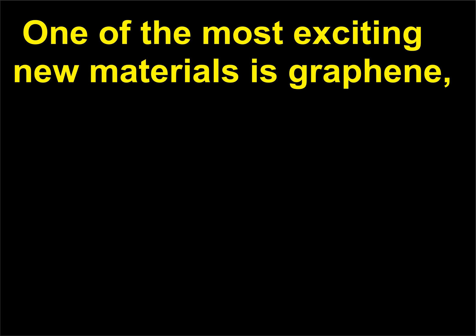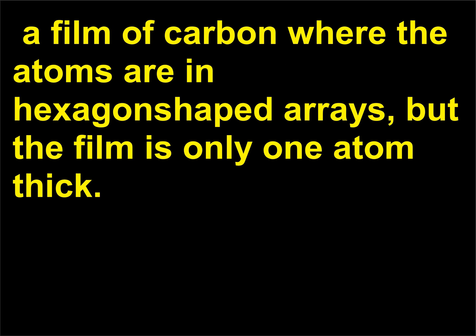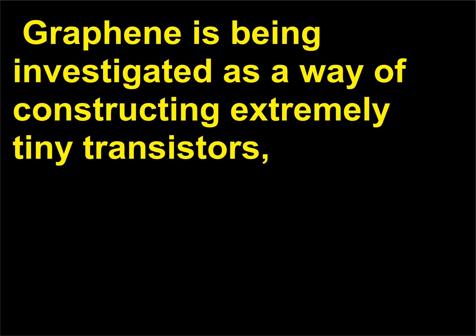One of the most exciting new materials is graphene, a film of carbon where the atoms are in hexagon-shaped arrays, but the film is only 1 atom thick. Graphene is being investigated as a way of constructing extremely tiny transistors, and thus powerful integrated circuits.